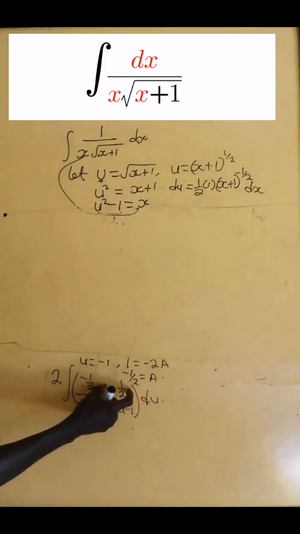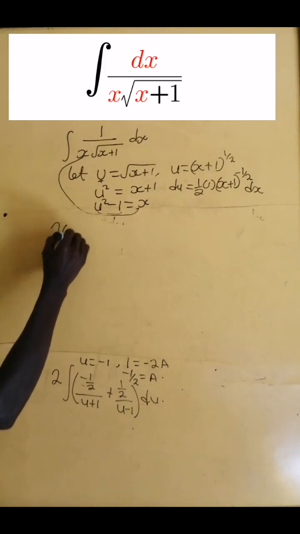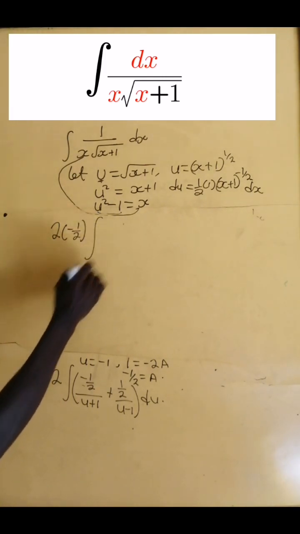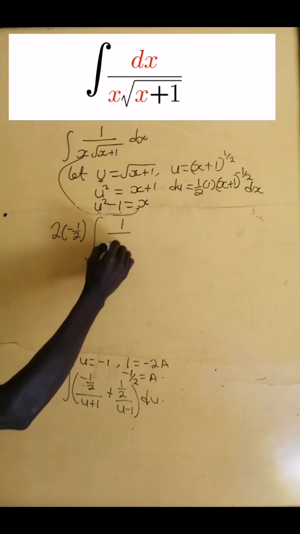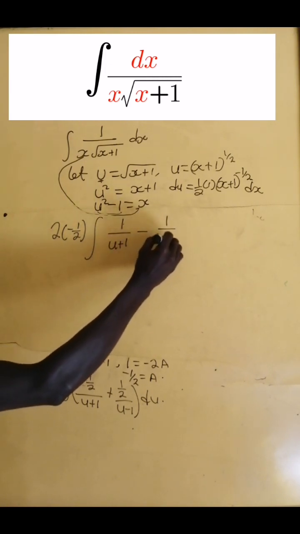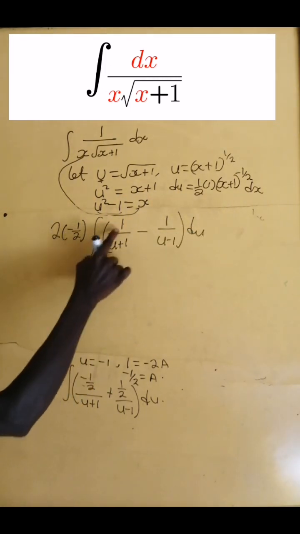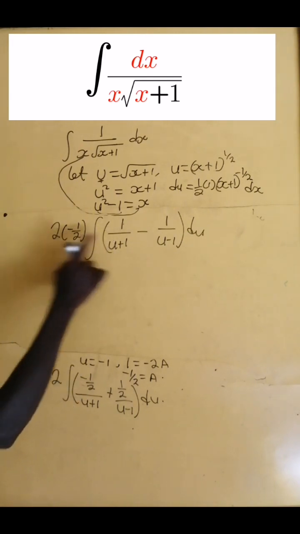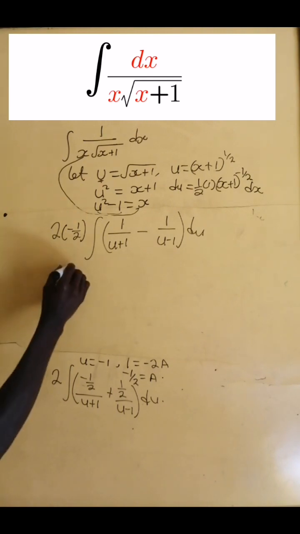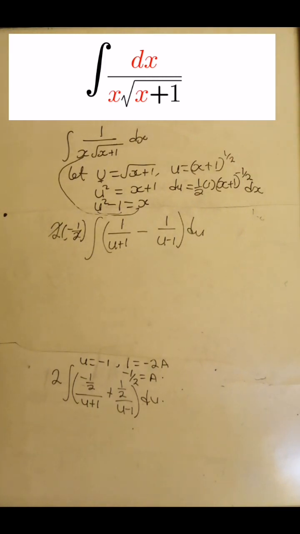We are going to have 2 times negative 1 on 2 times the integral of 1 divided by u plus 1 minus 1 divided by u minus 1 du. Remember, negative times positive gives negative, negative times negative gives positive. 2 cancels 2 and we're left with negative 1.